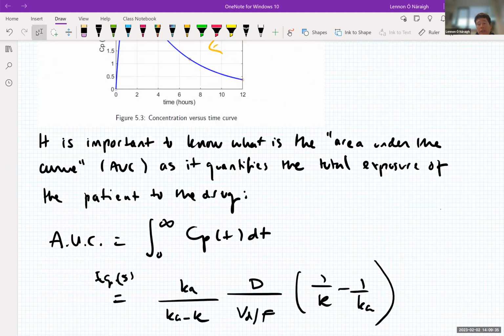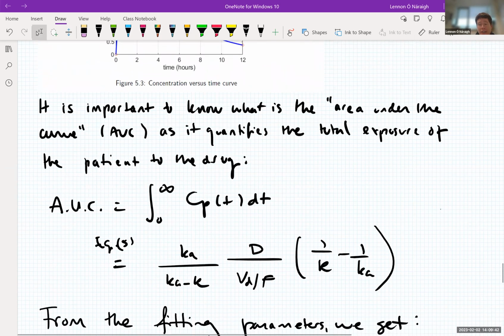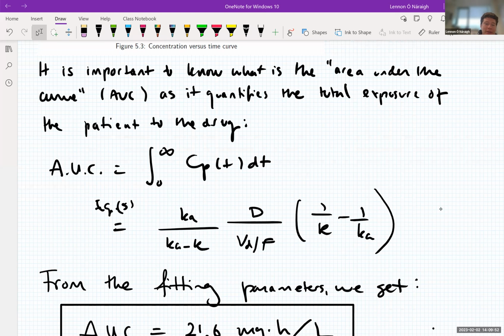Another important thing that they look at in pharmacokinetics is the so-called area under the curve, the AUC. People working in this field get very exercised by the fact that the AUC is an integral, but that's no bother to us. The AUC is just the integral from 0 to infinity of Cp dt.